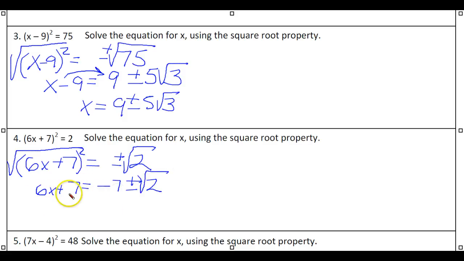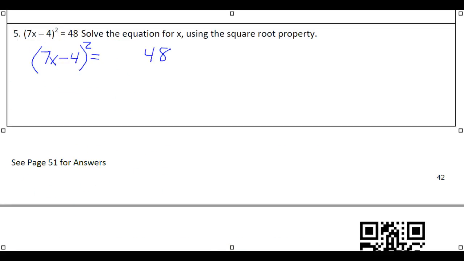And then we're going to divide both sides by 6, and we get x equals negative 7 plus or minus the square root of 2 all over 6. So again, a good technique once we get it into this form.